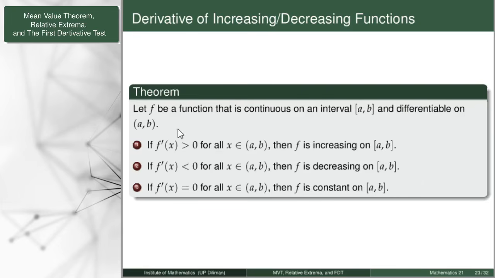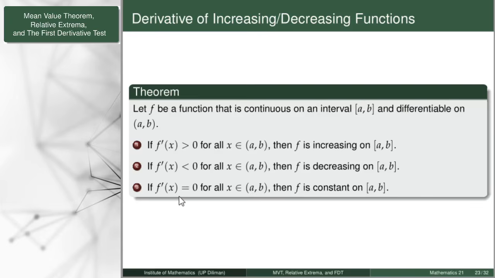It's not that hard to memorize. Just remember, positive means increasing, negative derivative means decreasing. When you are 0, then you are constant. Remember, when you are 0 at a point, we call that a critical number. But this is a strong result because it says that the derivative should be 0 not at a single point, but for every point in an interval.